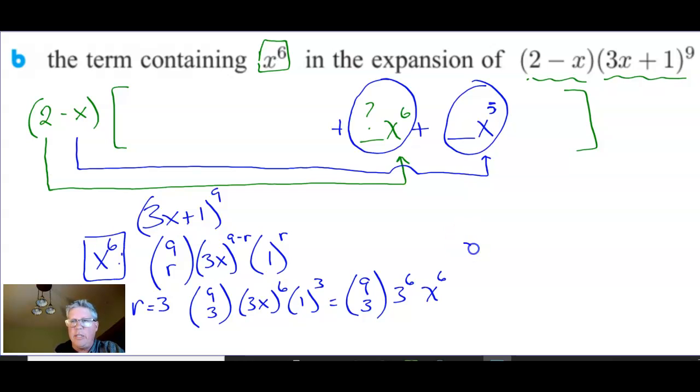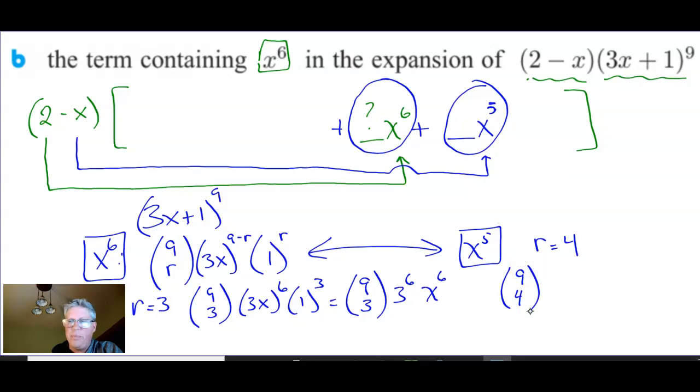Now we're going to do x to the 5th. I'm going to use the same formula, I don't have to rewrite this. So what would r have to be so I get an x to the 5th? It would be 4. So r would equal 4. So I plug that in, I get 9 choose 4, (3x) to the 9 minus 4 is 5, and 1 to the 4th.